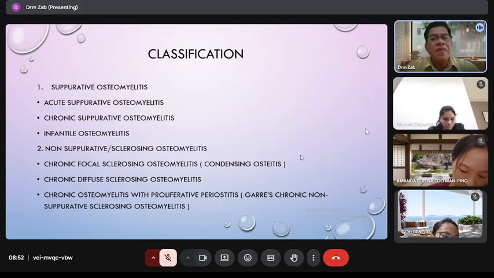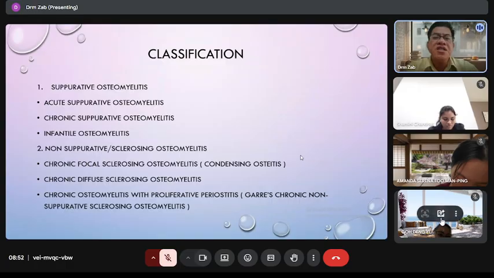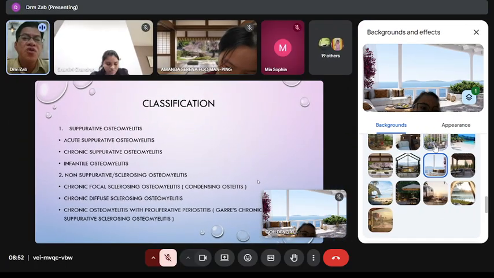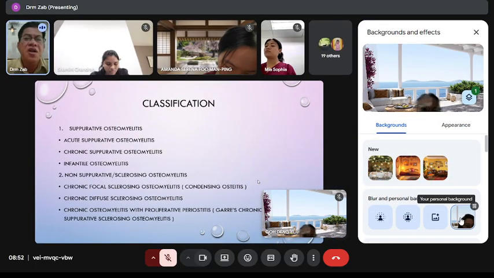Okay, the second type, this is non-suppurative. It doesn't produce pus, but it increases the bony density. So that is what we call sclerosing. So when you take X-ray, you will see an radio-opaque appearance around the area. Right? Why radio-opaque? Because increased density of the bony area due to the pathological changes. Right.